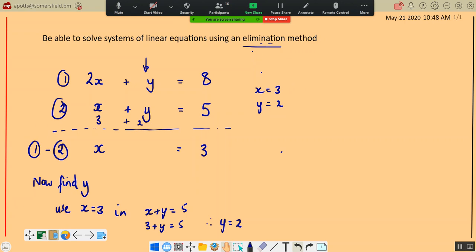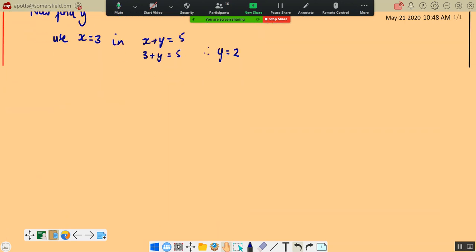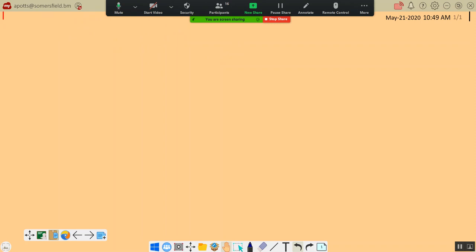No? Okay. All right. Well, let's have a look at one that's in the book. Because we're going to step it up a level. The book goes straight to quite challenging ones. But let's have a look. So we've got 2x's, but we subtract 5y's, and I get the answer 9.